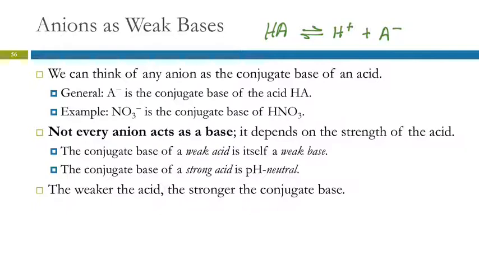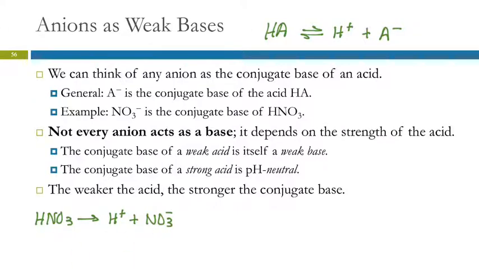So we can think of any anion as a conjugate base, but not every anion acts as a base because it depends on the strength of the acid. So here, when nitrate acts as a base, it becomes nitric acid. What kind of an acid is nitric acid? It's a strong acid, right? So we learned that nitric acid is a strong acid. So when you put that into water, it ionizes completely.